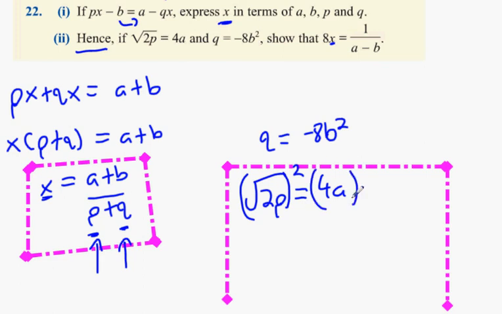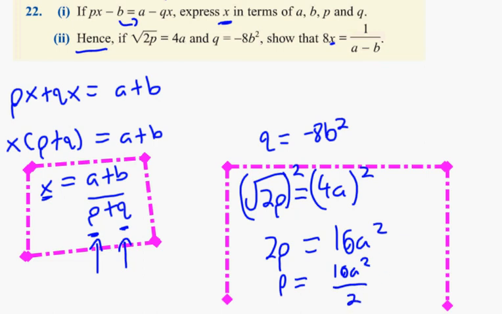And what happens when you square both sides? What happens to the 4a squared? 4a squared is 16a squared. What happens to the root 2p squared? It's root 2p by root 2p, which is 2p, perfect. Okay. Finally, to get p on its own, 16 divided by 2, which is 8a squared.